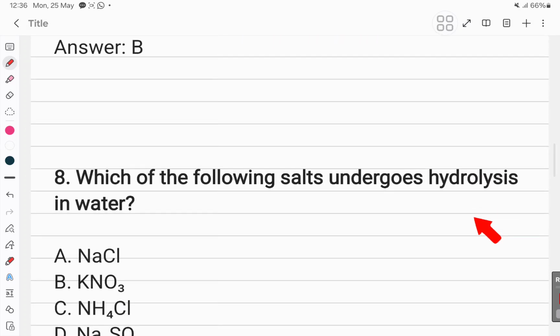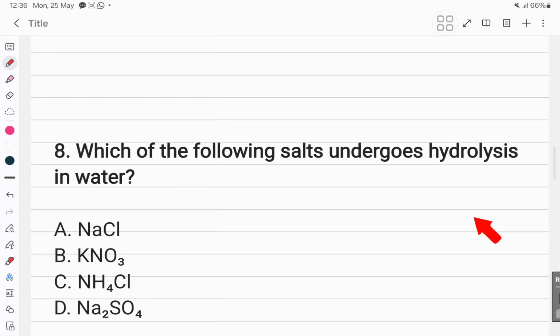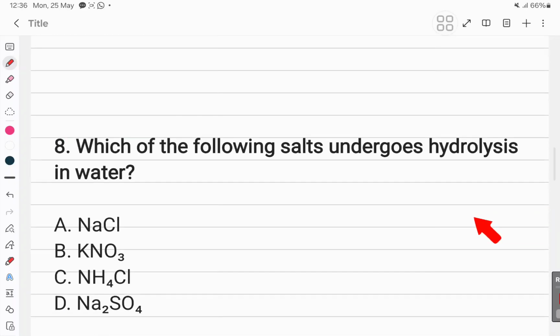Question number 8. Which of the following salts undergoes hydrolysis in water? Firstly, let me explain what hydrolysis means. Hydrolysis is just the reverse process of neutralization. There are inorganic salts that can be hydrolyzed in water, and we also have organic salts that can be hydrolyzed in water.